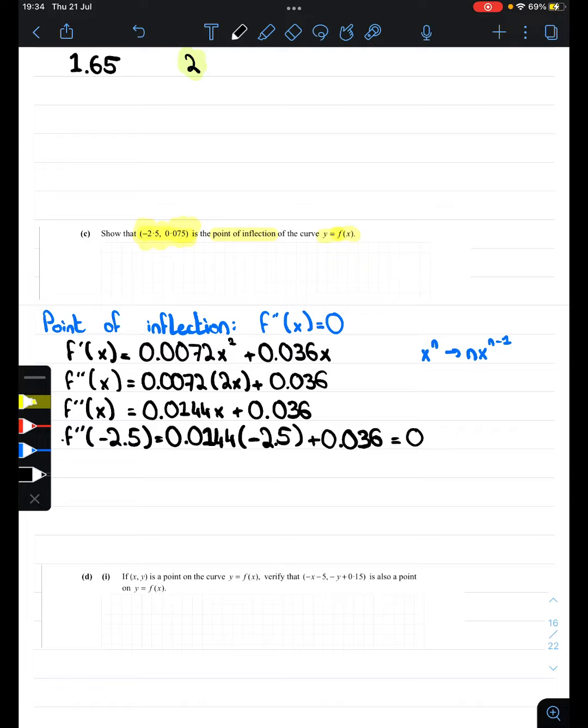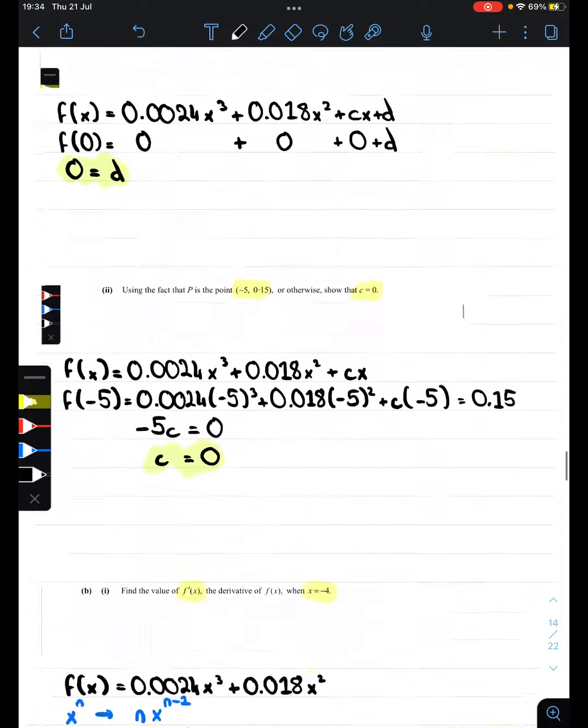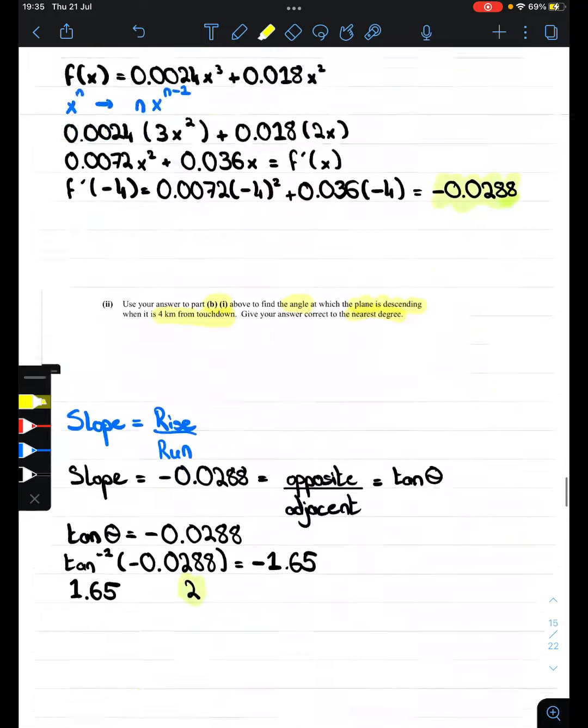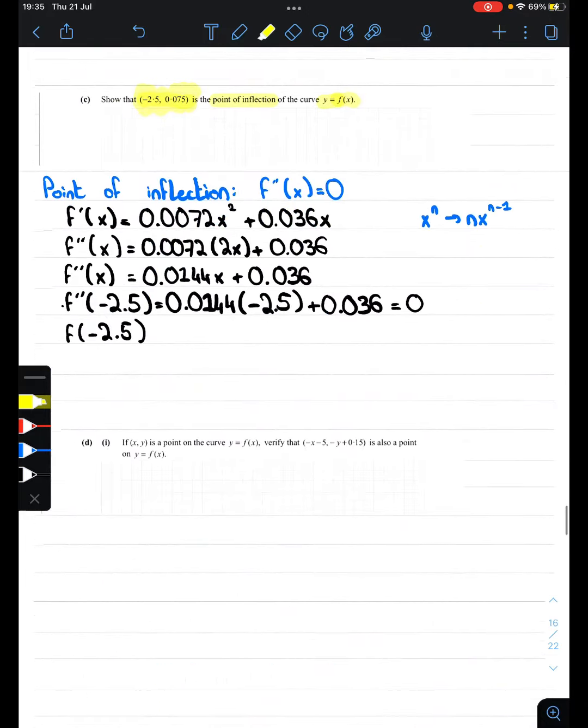So, is that indeed on the curve? So what is f(-2.5)? Because for all we know, this point here, about here, is not 0.075. Now, it does look like it probably is, but just in case. It never hurts to be too careful.